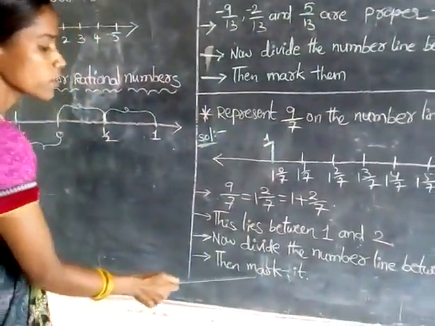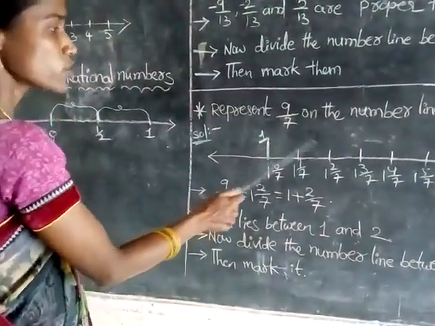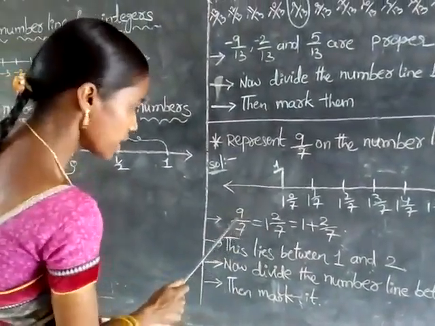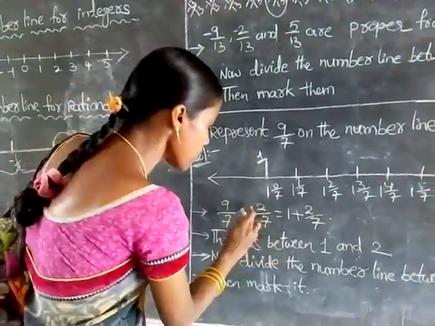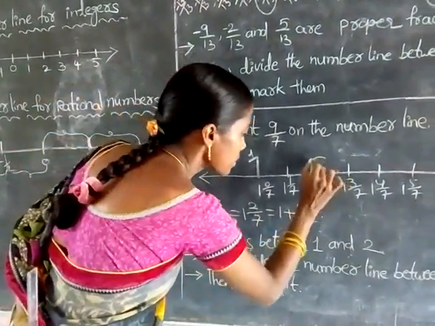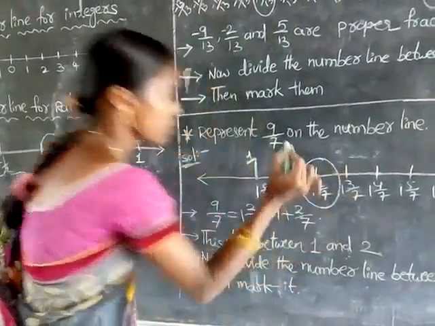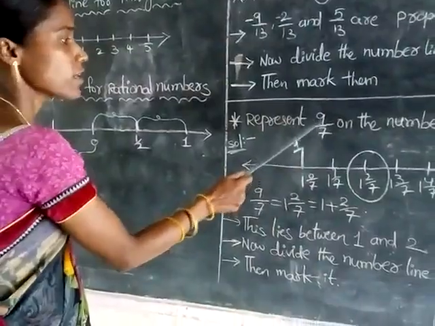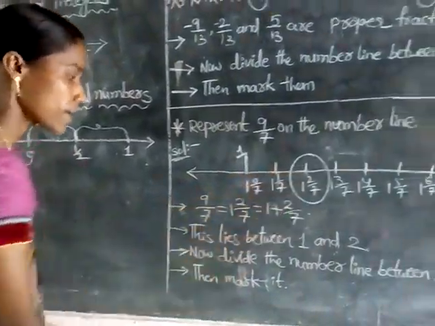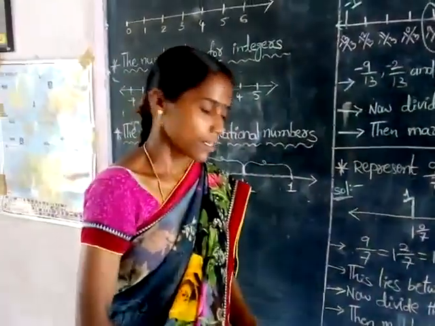In step 3, you have to mark the one you want. Here we have to mark 9 by 7, which is equal to 1 2 by 7. See children, this is the representation of 9 by 7 on the number line. Do you understand children?